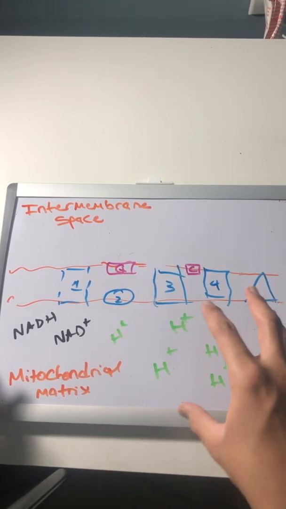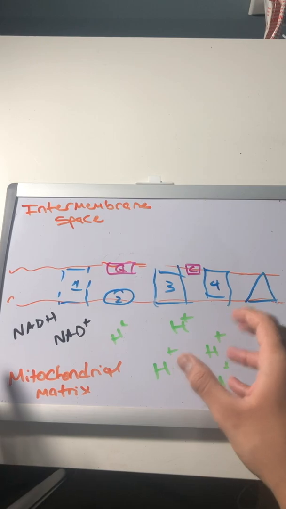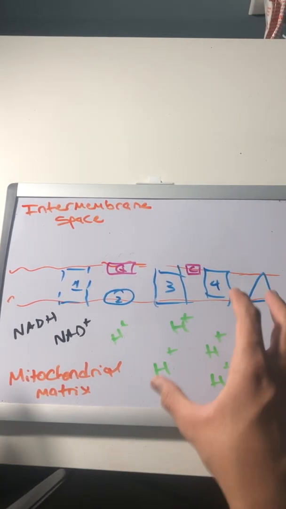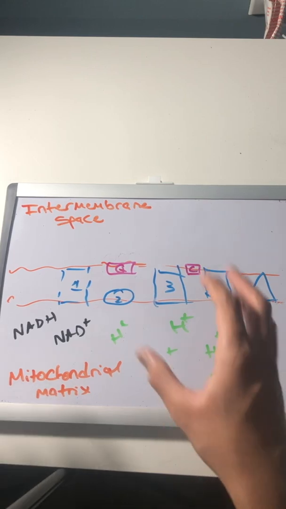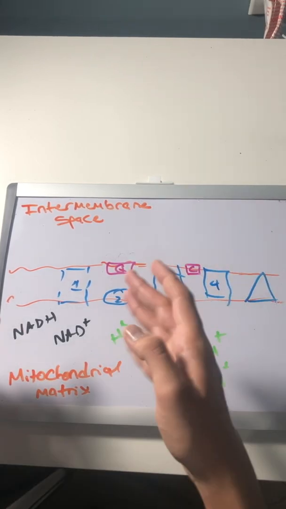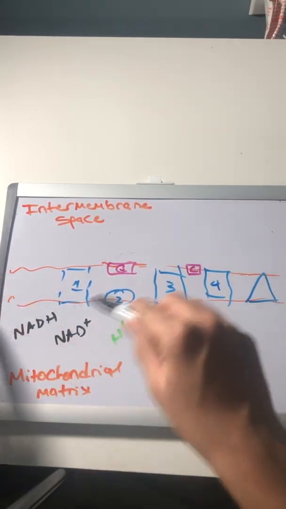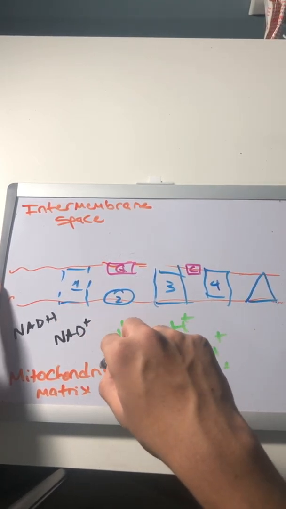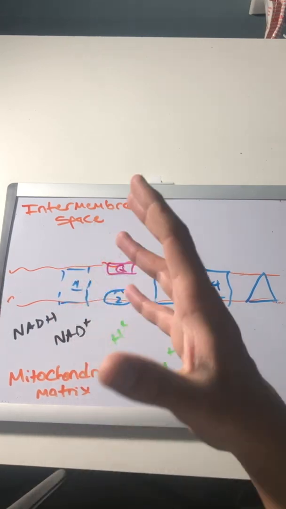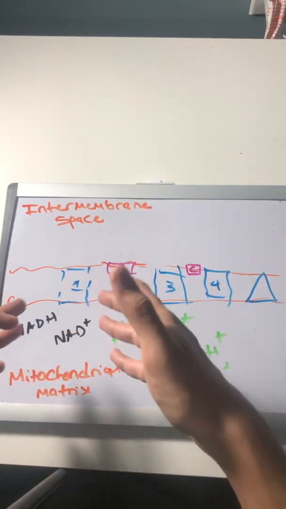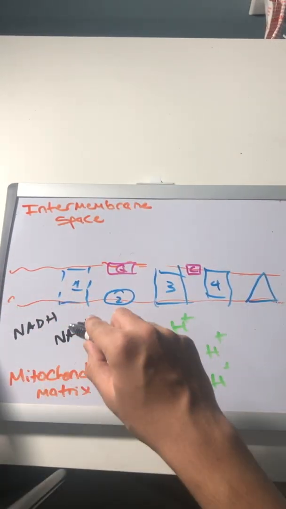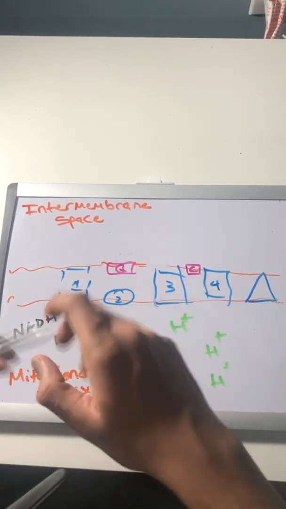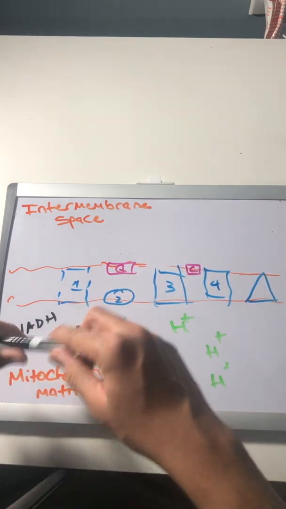Right now, the protons are right here. A lot of the protons are in the mitochondrial matrix, and there's a lot less within the intermembrane space. NADH gets oxidized into NAD+, and as it does, it loses the electron.